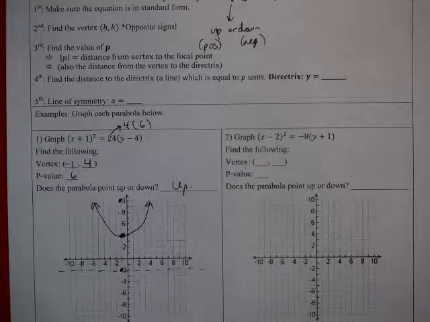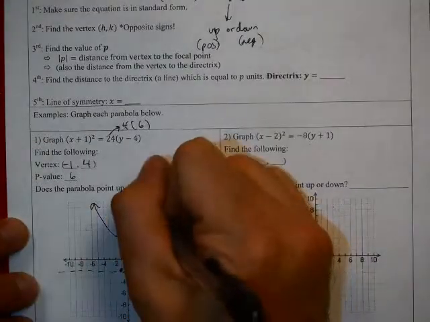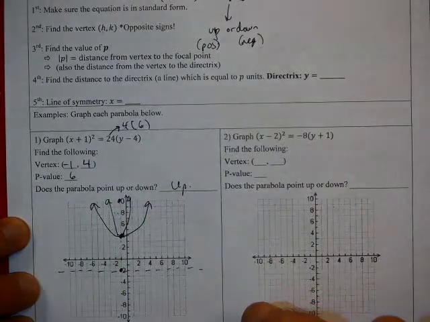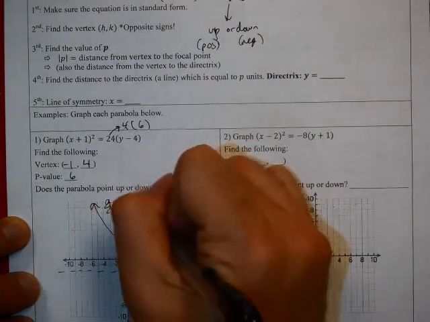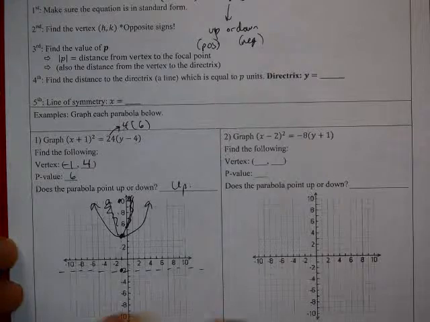What's more important is just writing it in standard form and then stating vertex, p-value, etc. So does it matter how big it is? No, as long as, well, I wouldn't draw it like this, but honestly, if it was on a test, I wouldn't take points off. As long as I saw it was opening upwards, that's fine. Any other questions on number 1?